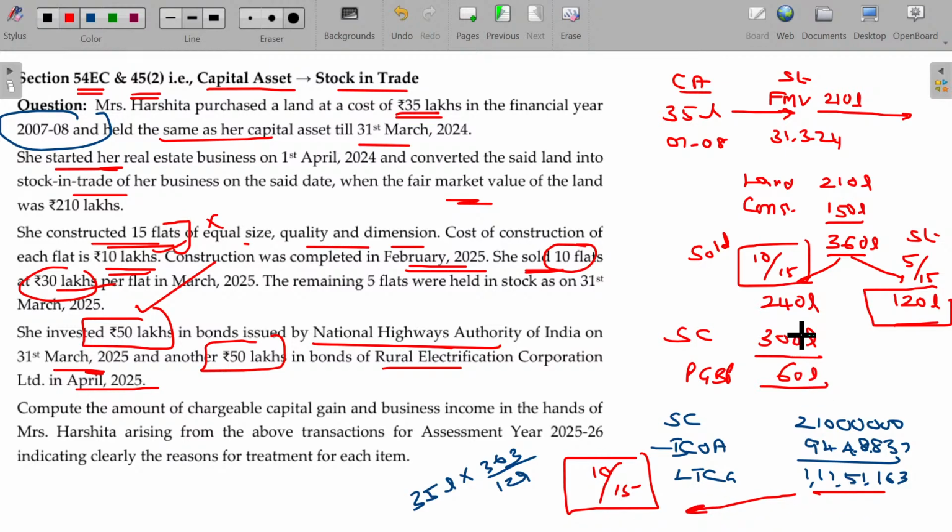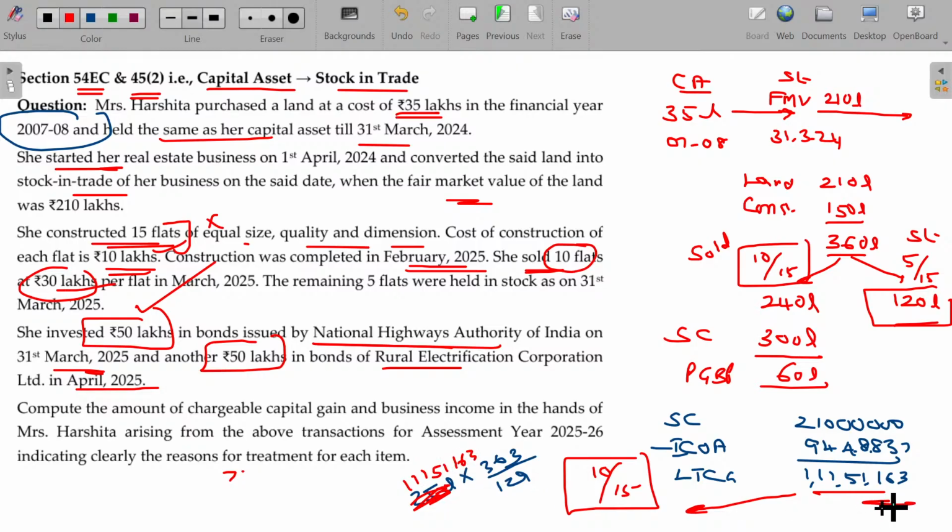This is for the full property, but the full property is not sold. Capital gains tax will be attracted only in the year of sale of the actual stock. If the stock is sold proportionately, to that proportion the long-term capital gain is taxable. So here, 35 lakhs into 363 divided by 129 is the indexed cost of acquisition.